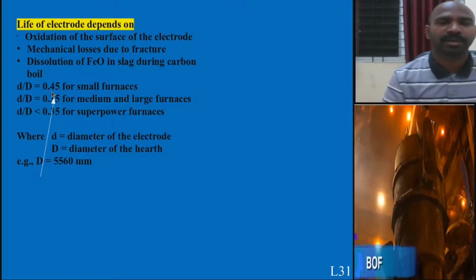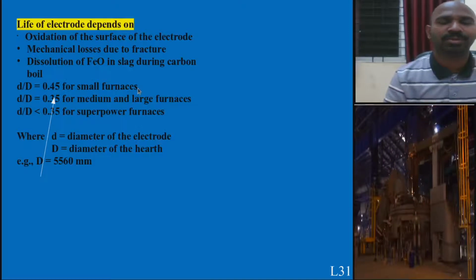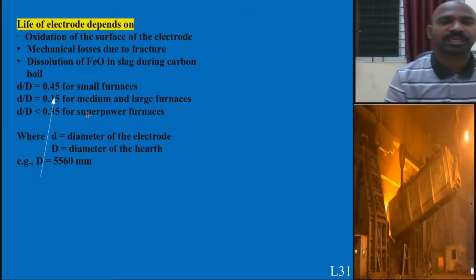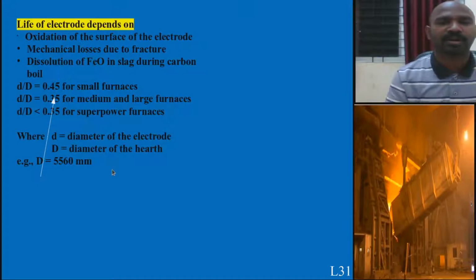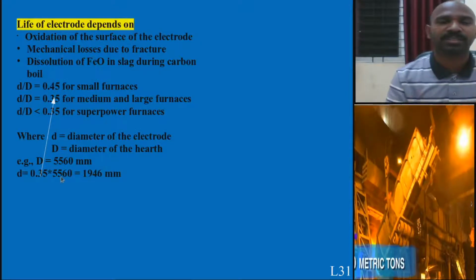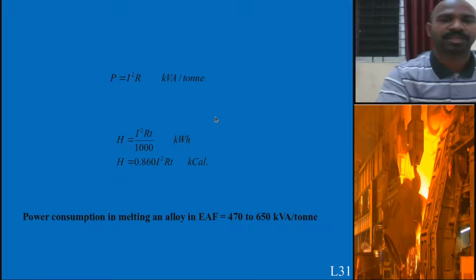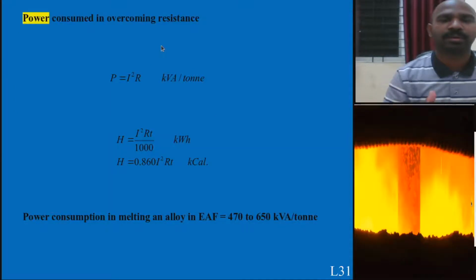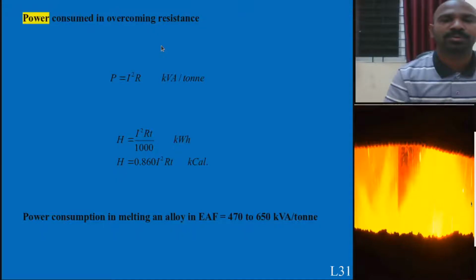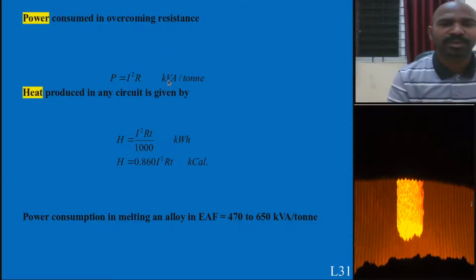If it is this ratio, it is called a small electric arc furnace. If this is medium, if this is a super power furnace. For example, if the D value is this much earth diameter and the furnace will be this much, this is nothing but a medium furnace. And how do you calculate how much power is consumed during furnace steel making? You use this simple formula: P is equal to I square R, in kilovolt amperes per ton.